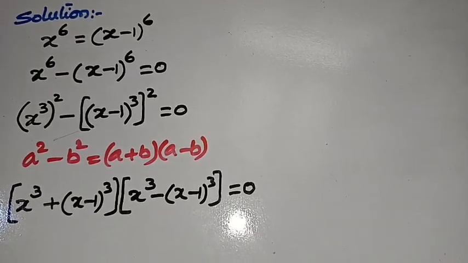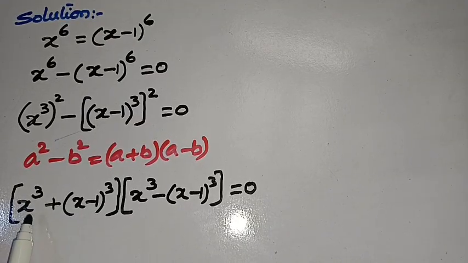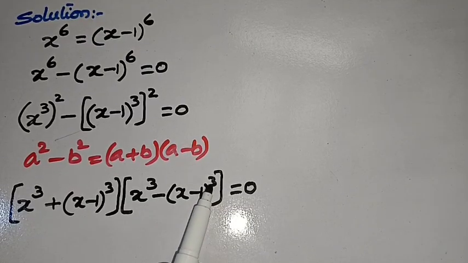So this we have got. So at this stage we can see that here it is the product of x cube plus (x minus 1) whole cube and x cube minus (x minus 1) whole cube.